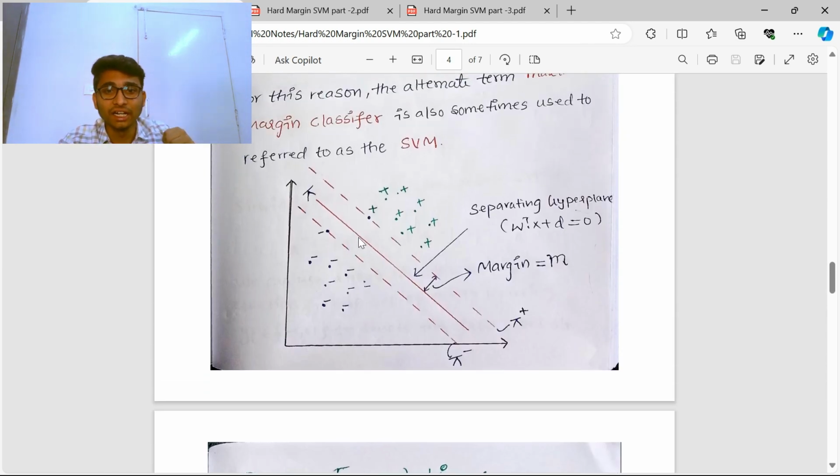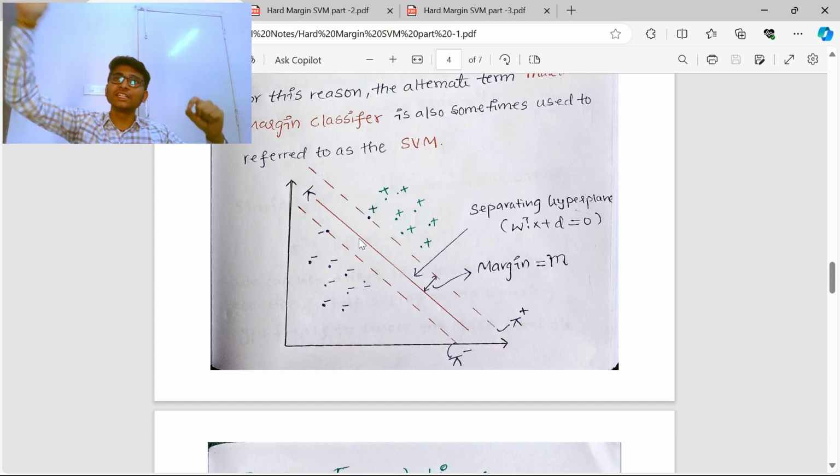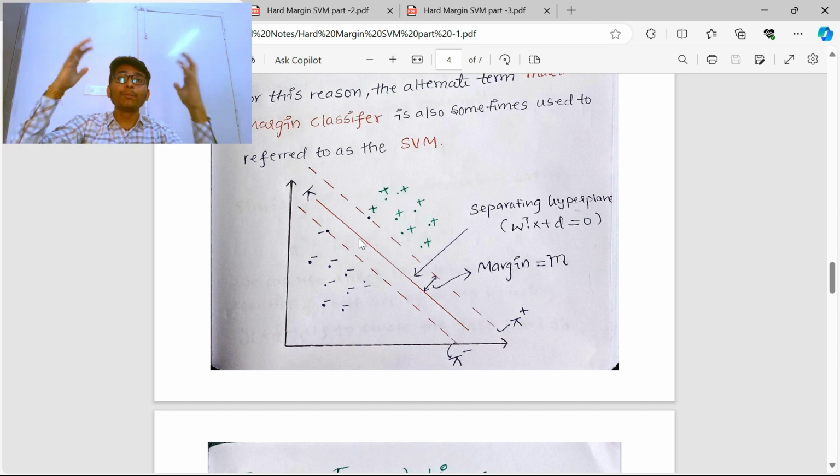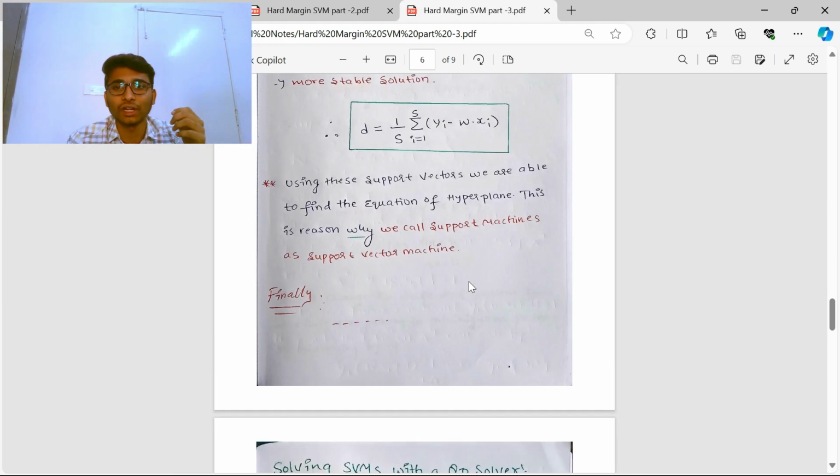It will take the distance from the randomly defined hyperplane to every data point, and the data points which have the minimum distance, it will consider them as the support vectors. I hope you understood how we get the support vectors.